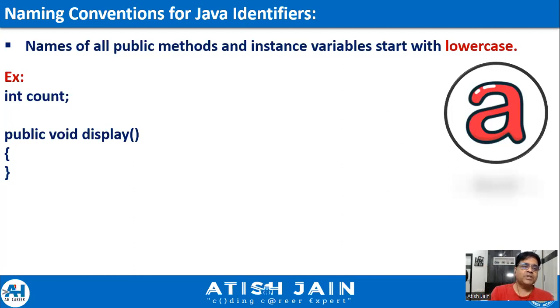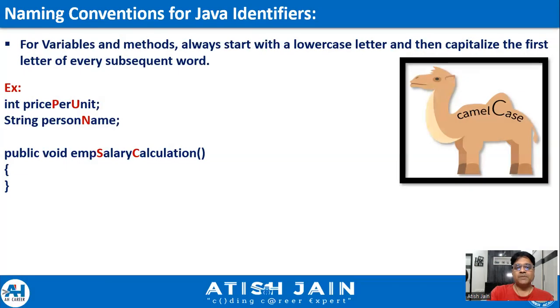I have given one example. See, count, display, they're in lowercase. If these variables and methods have more than one word, then the first word should be completely in lowercase only. From the second word onwards, each word's first character should be capital.